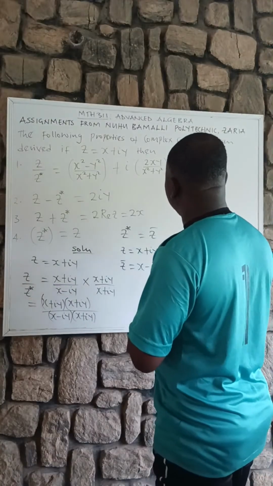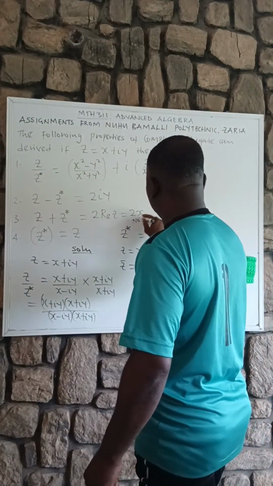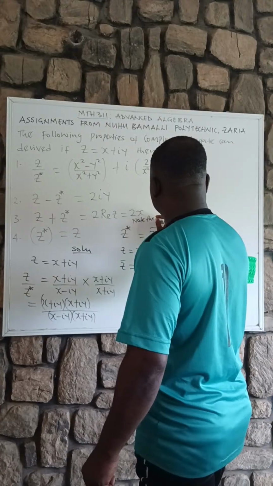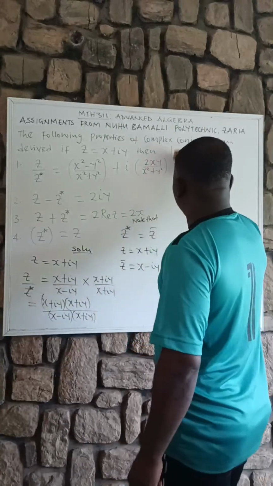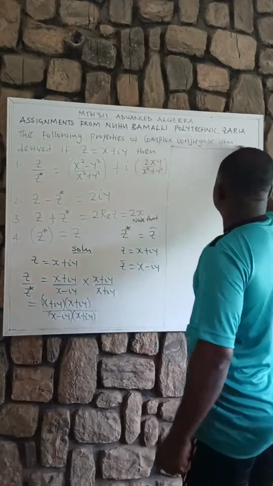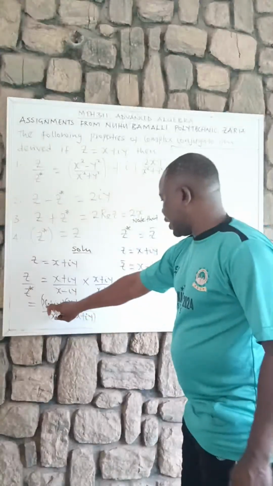So what we need to do is note that this is the same as this. Let's multiply x times x.